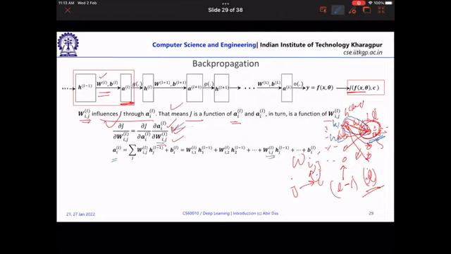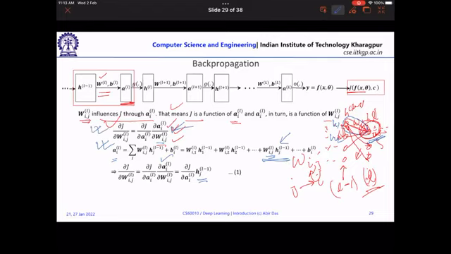If you take the partial derivative, only this term will stay. Others are constant with respect to WijL.